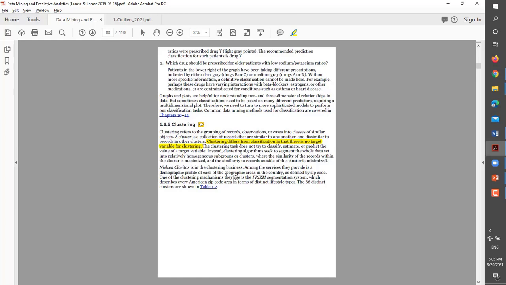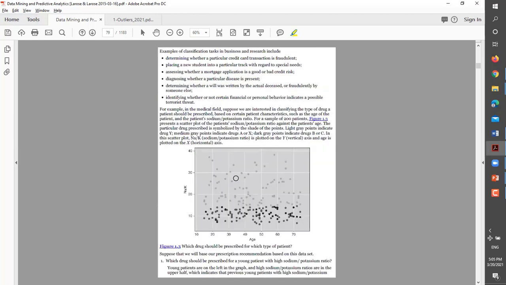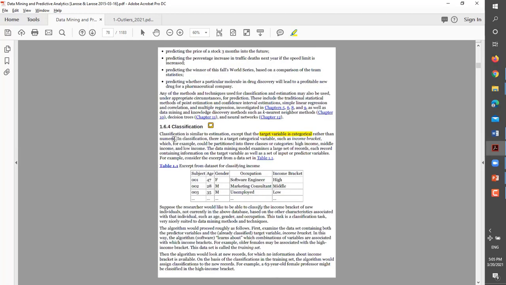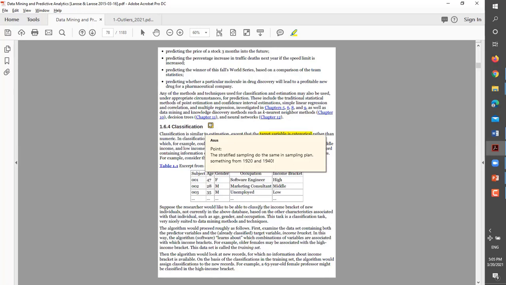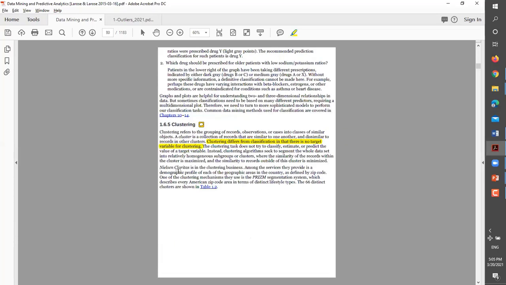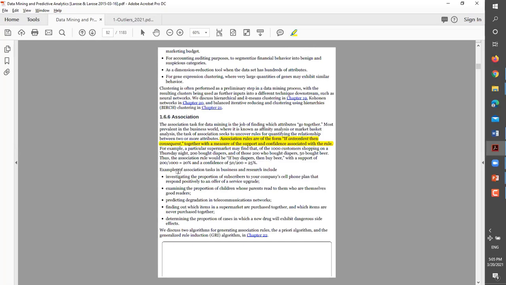You can look up cluster sampling and make a comparison with this one. And for classification, we have stratified sampling, which comes from 90-20, 90-40. So you can see these methods and concepts are not new. These are two keywords that you can go and look for.